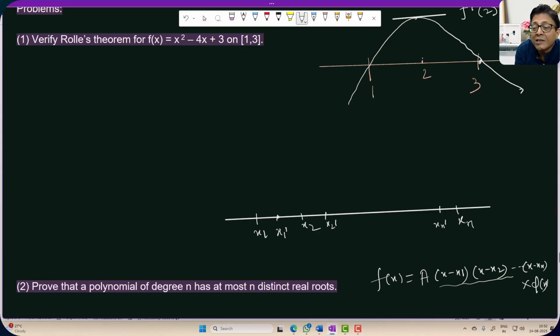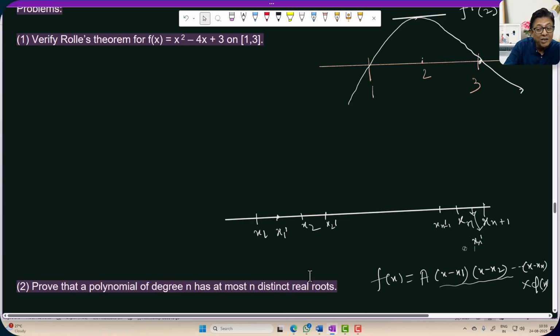If you say that no, one more root is there, x(n+1), you can assume, then between two successive zeros there will be a root of f'(x), that is, another root you are getting. So you are getting a polynomial of degree n minus 1 and getting n roots. This is not possible. Contrary to the fundamental theorem of algebra.